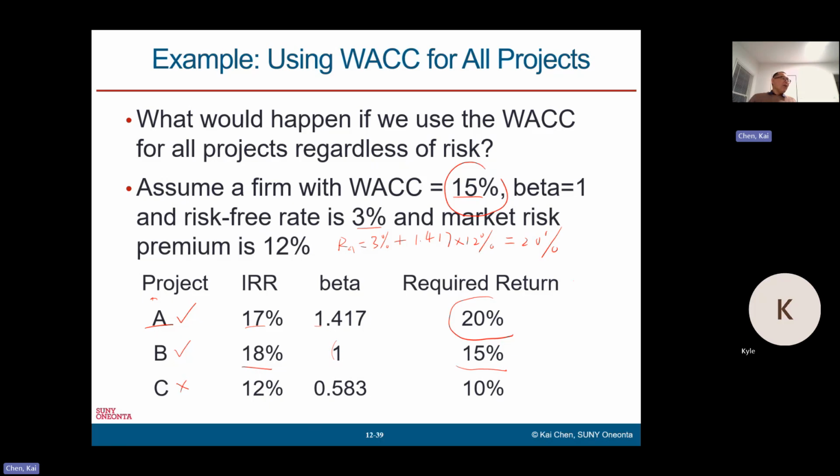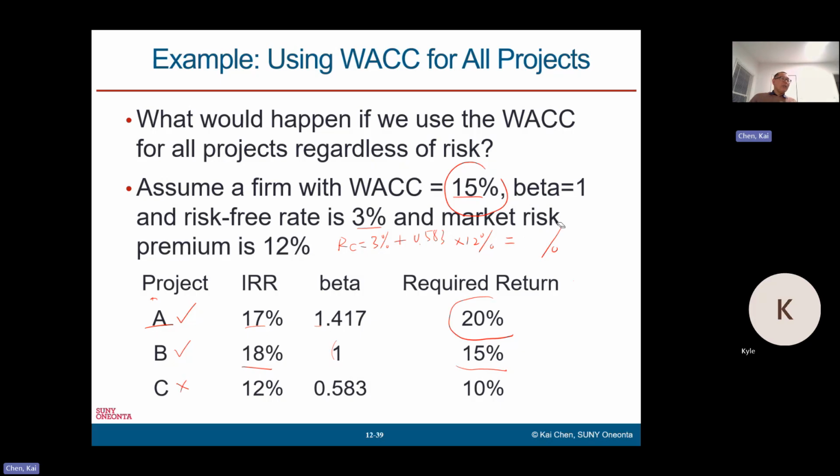Okay, and now let's look at project C. Now we're going to calculate the required rate of return for project C. Okay, risk-free rate plus the beta of project C, that is 0.583, times the market risk premium, 12%.